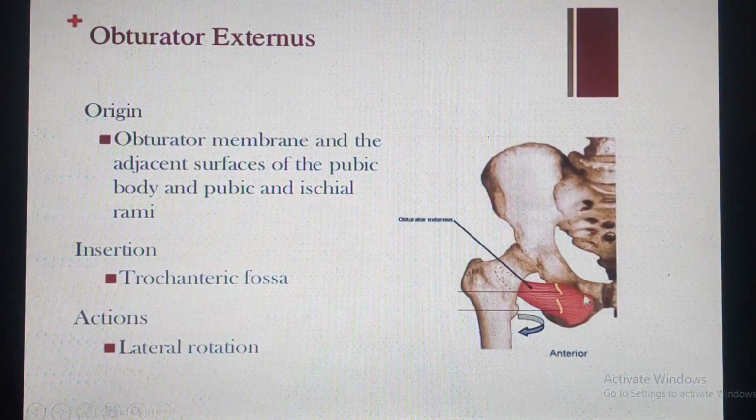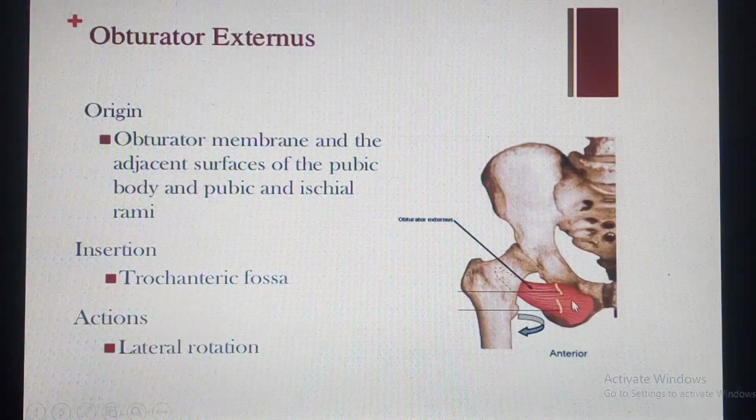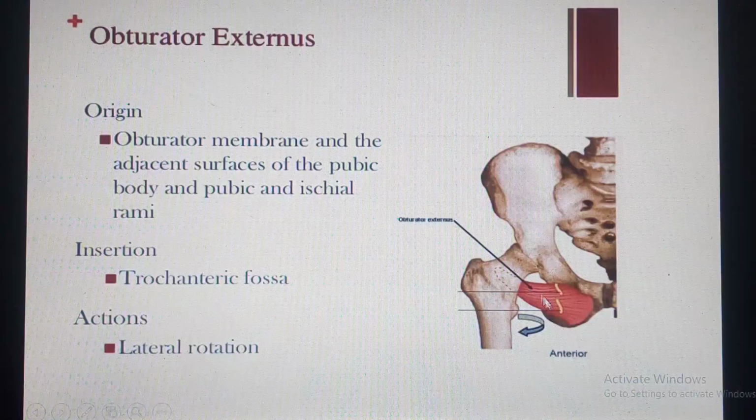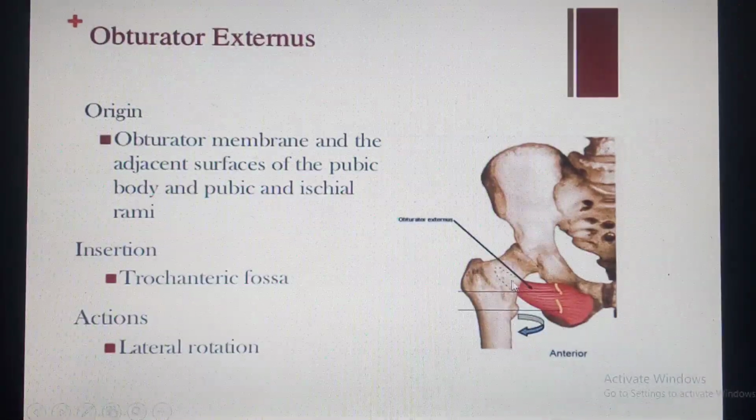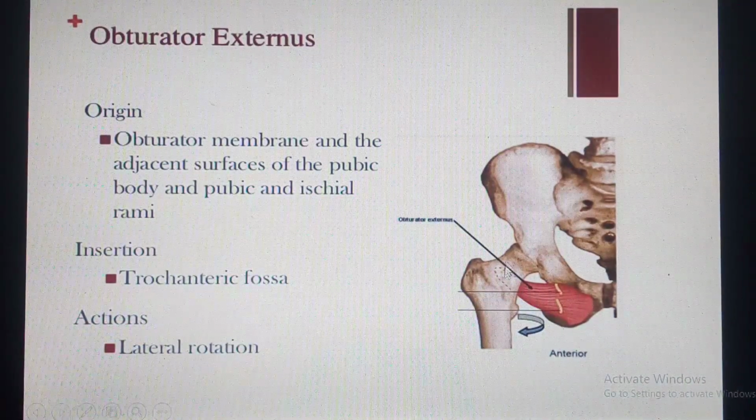As you can see where it is originating from, it's going to originate from the external surface of the obturator membrane, together with, of course, the ischiopubic rami, the bony structures around this area, and then run a bit inferior to, actually deep to, the neck of the femur, to insert on the trochanteric fossa.